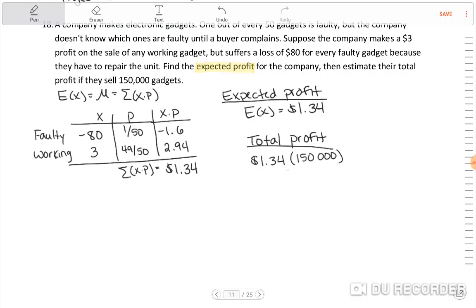Well, when I multiply those together, I get $201,000. So this would be the total expected profit. This would be the expected value per gadget. So that's it for number 18.